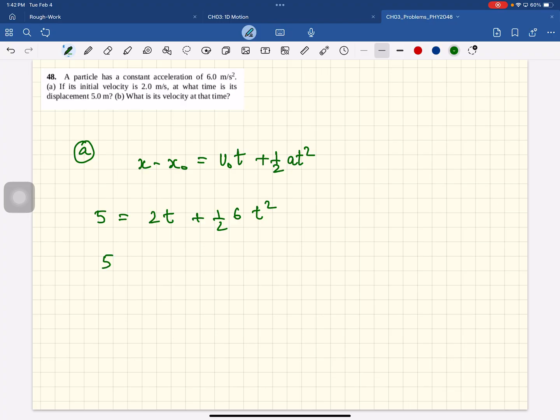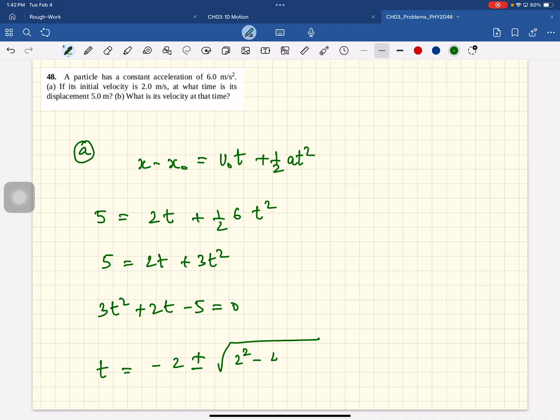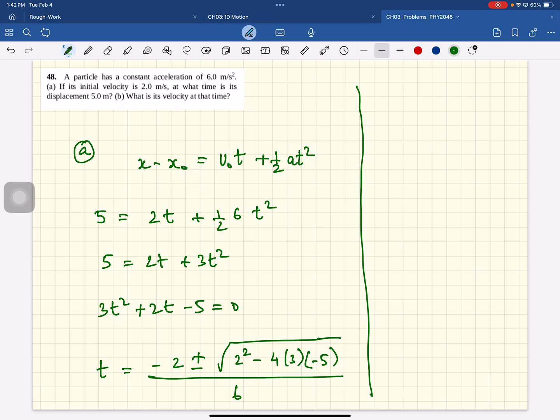So this is 5 equals 2t plus 3t squared. And of course, a quadratic equation has 2 roots.